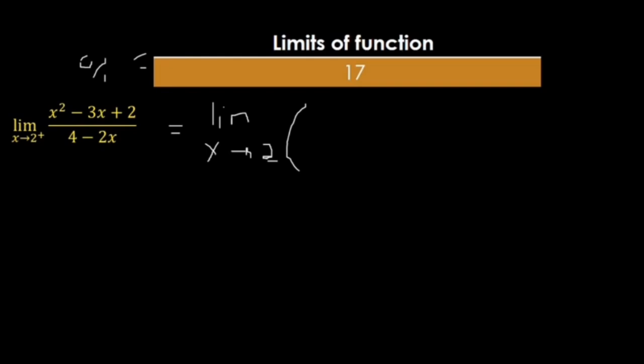Okay, this question had an error. If you substitute, we are going to have negative 1. We have 4 minus 2x, so putting 2 here, 4 minus 2x is 0. This is equals to negative 1 on 0.